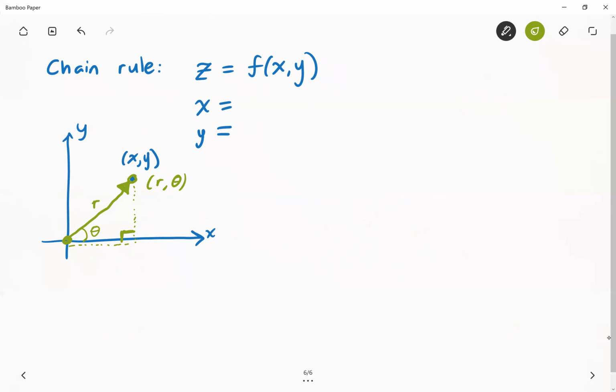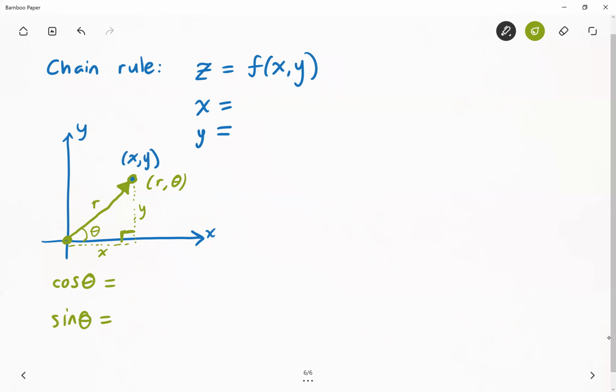Right, so in particular, you might recall that cosine theta and sine theta can be calculated as different ratios of sides of this triangle. Right, the width of this triangle is x and the height of this triangle is y.